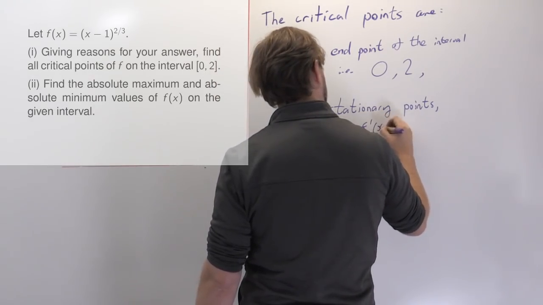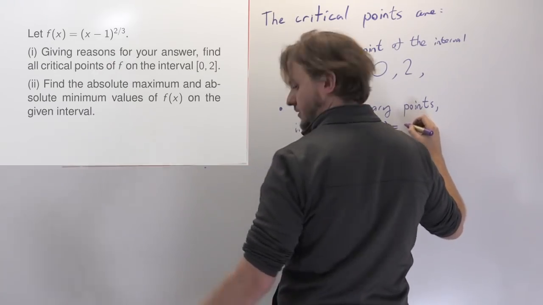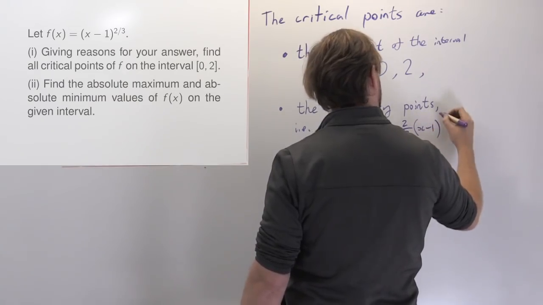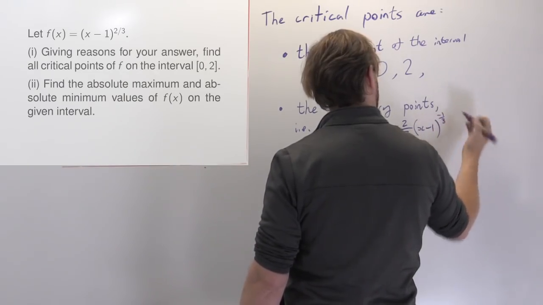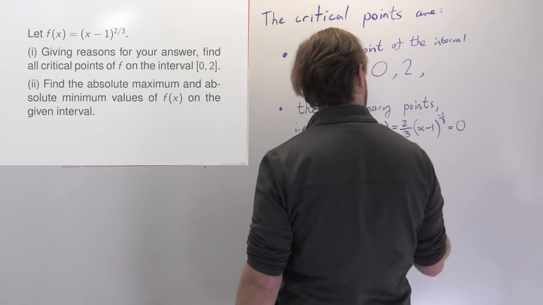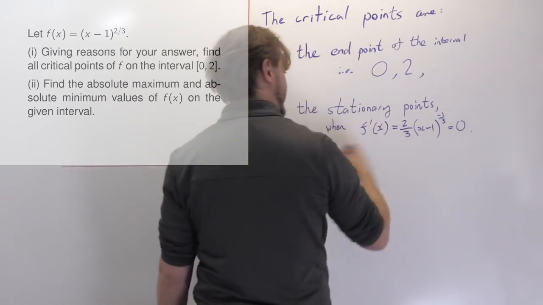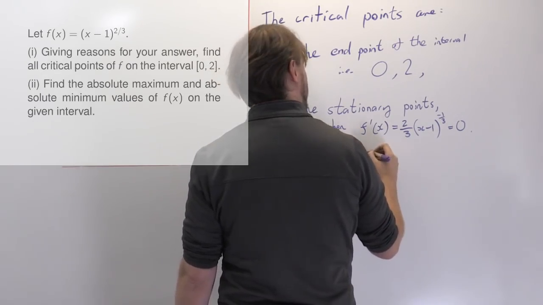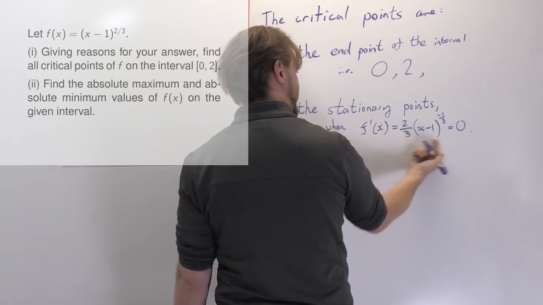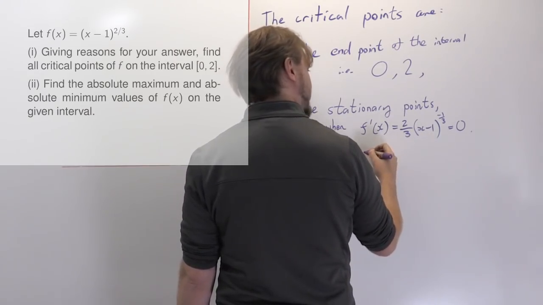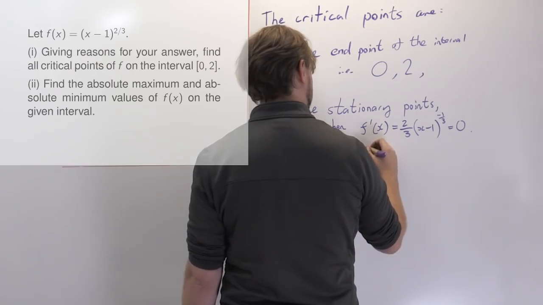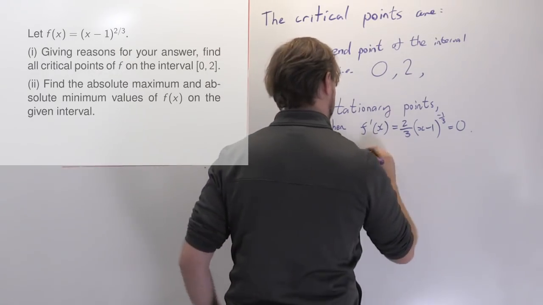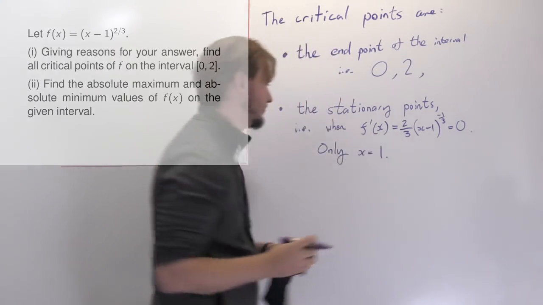Bringing down the 2/3, I get 2/3 x minus 1 to the minus 1/3, and that is equal to 0. So this only has one critical point. There's only one way to make this equal to 0, which is when x equals 1. Maybe I should say x equals 1, that would be a bit clearer.